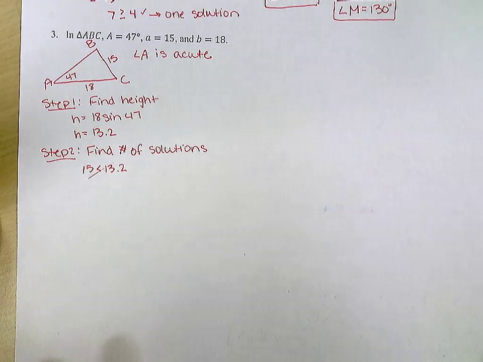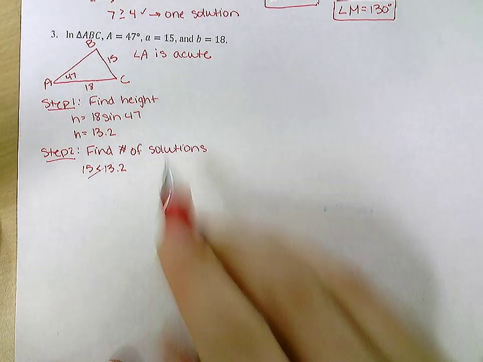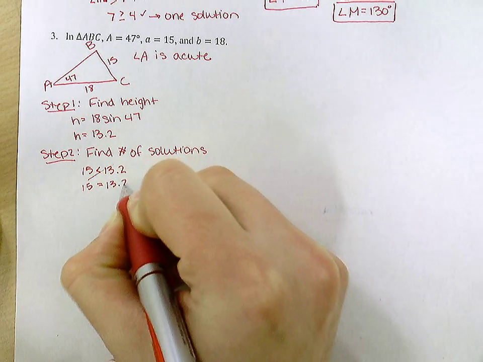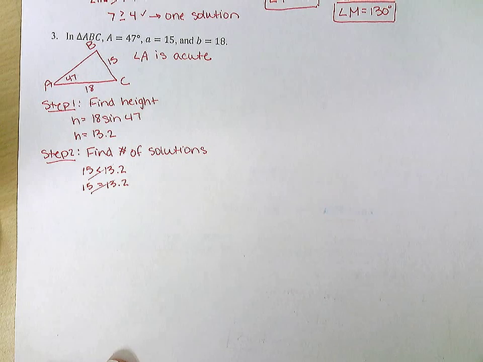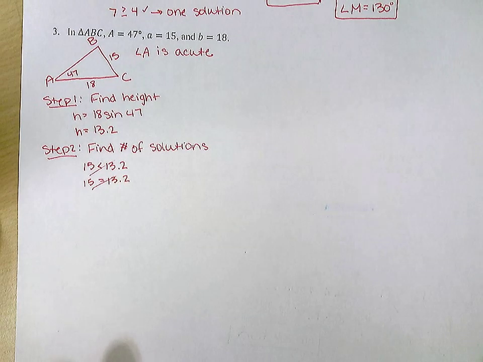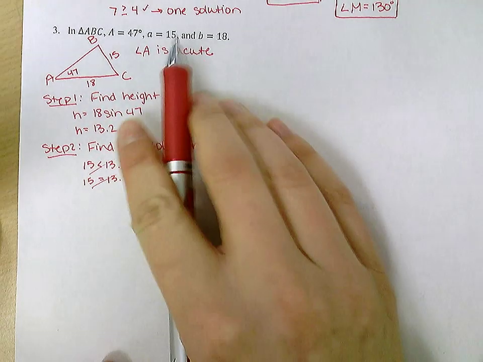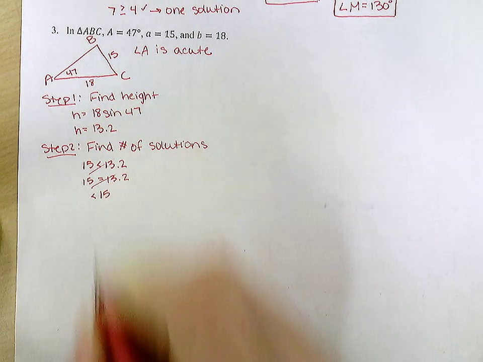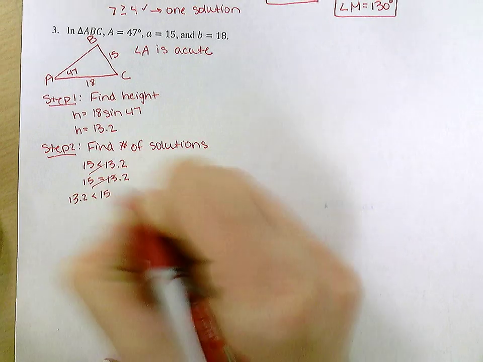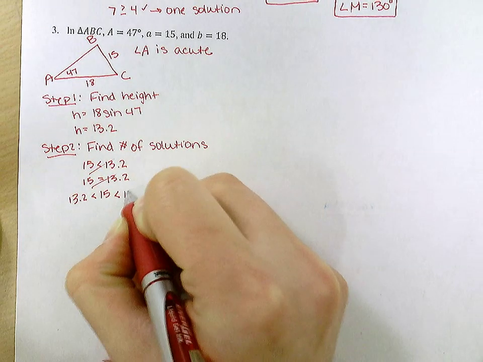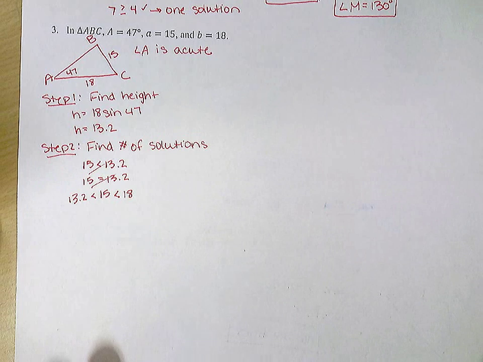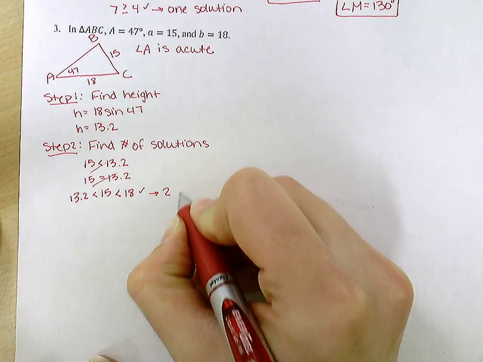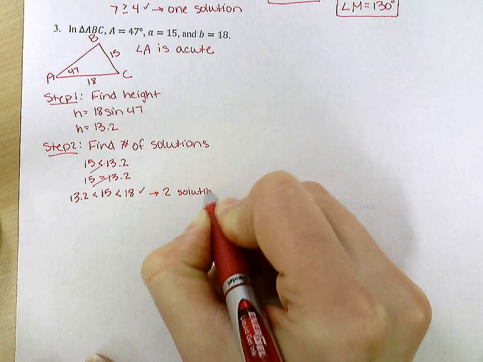No. Okay, then is your A value 15 equal to the H value you found? No. Okay, then is it greater than the H value I found and less than my B value? That one is true. So there are 2 solutions.